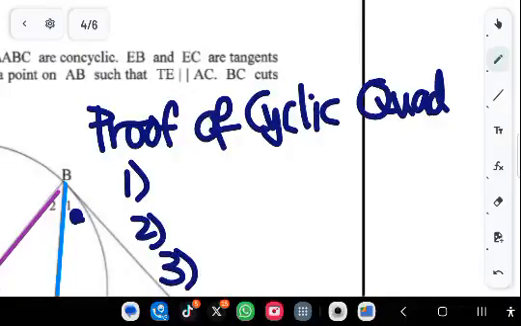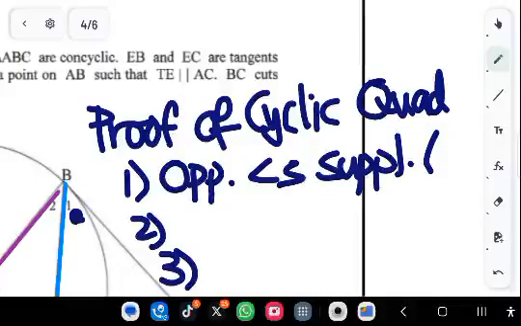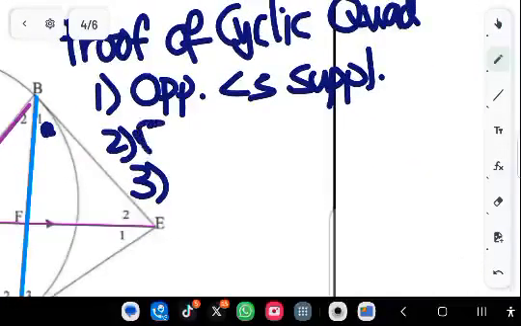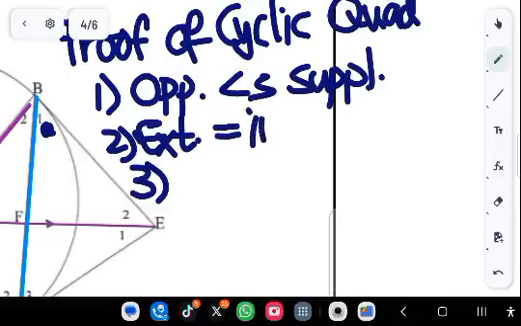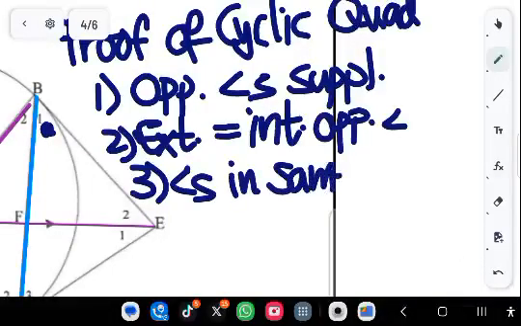The first one is when your opposite angles are supplementary, meaning they add up to 180 degrees. Number two, when the exterior angle of a cyclic quad is equal to the interior opposite angle. Number three, when angles in the same segment are equal.